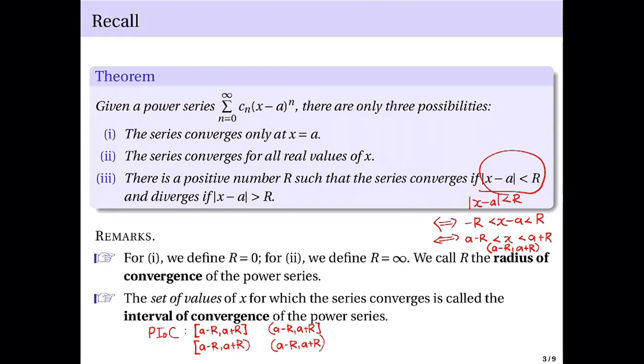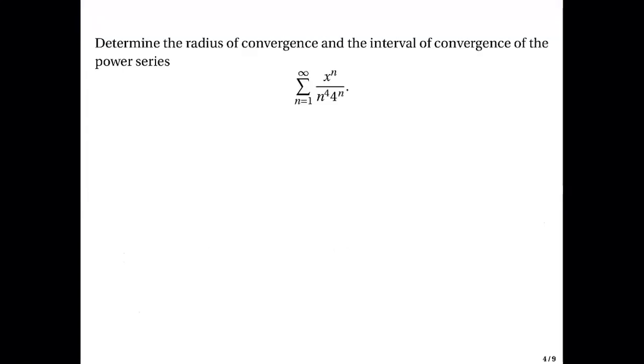Okay, so let us work on the examples I have prepared in here. Let's start with this. In all of the examples here, our job is to determine the radius of convergence and the interval of convergence of the given series.